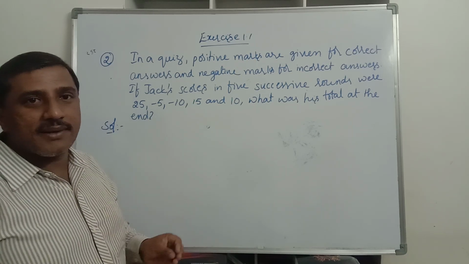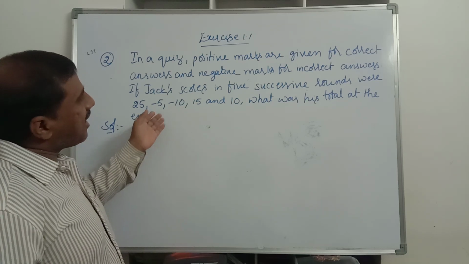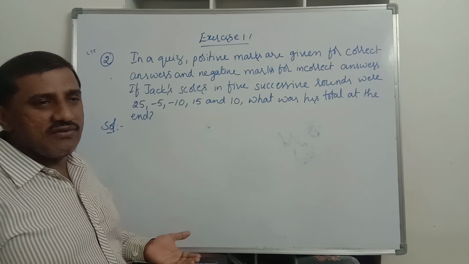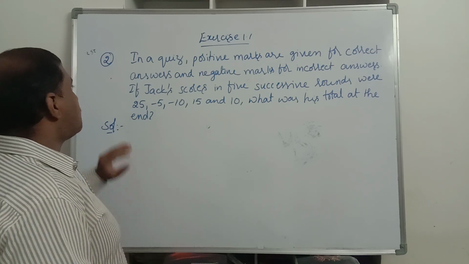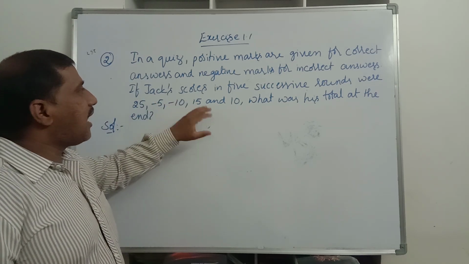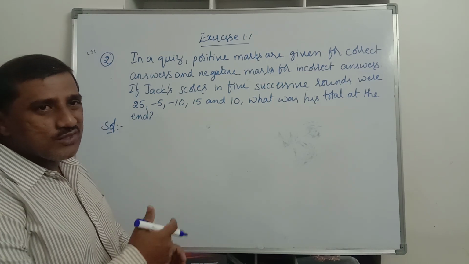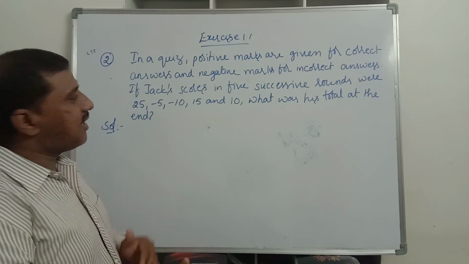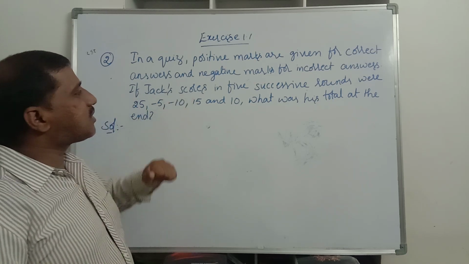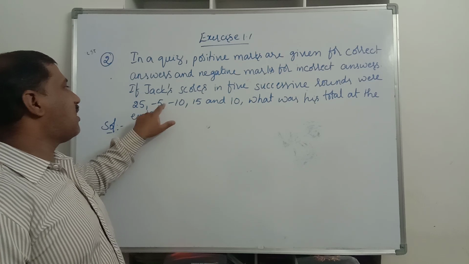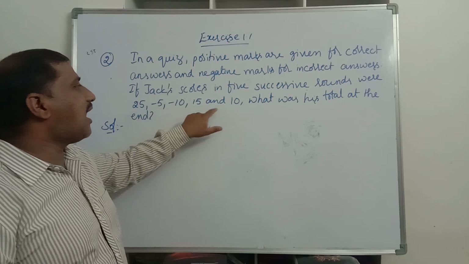Correct answers are represented with positive integers and wrong answers with negative integers. Jock's scores in 5 successive rounds, successive meaning consecutive, one immediately after the next, were 25, minus 5, minus 10, 15 and 10.